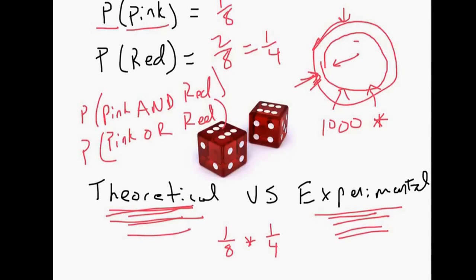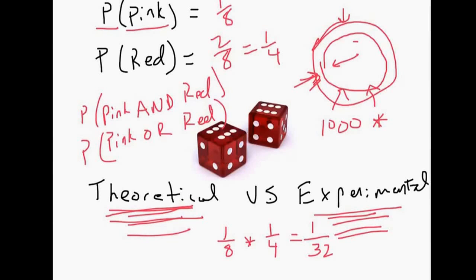In other words, only 1 out of 32 times will you wind up getting one pink and one red in two spins. So this does not include one pink and a yellow, one pink and a green, one pink and a blue, so forth and so on. It's just you spin it, you get pink, you spin it again, you get red.